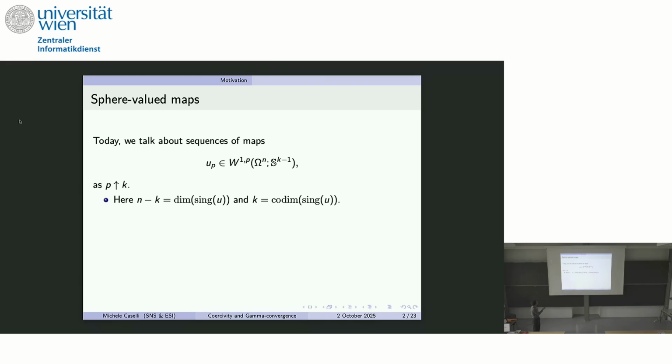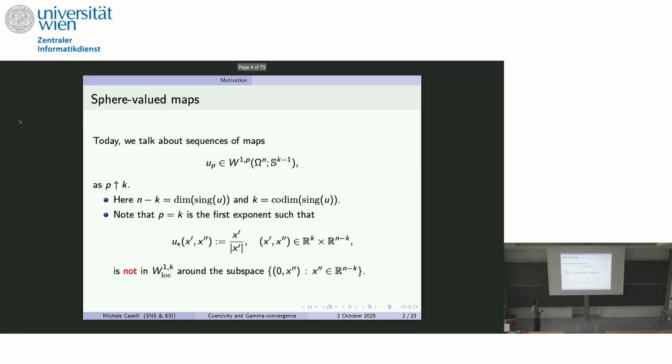So here, what you have to think is the following. If you imagine a standard vortex, for me n minus k is the dimension of the singular set of the map, and k is the codimension of the singular set. But I will draw examples and a lot of pictures during the talk, so you can disregard this for now.